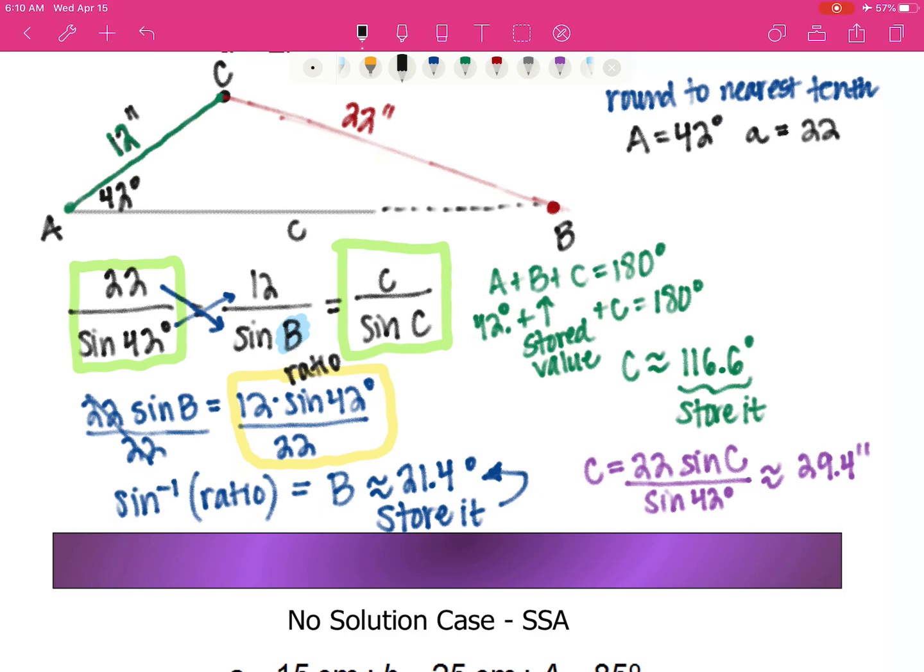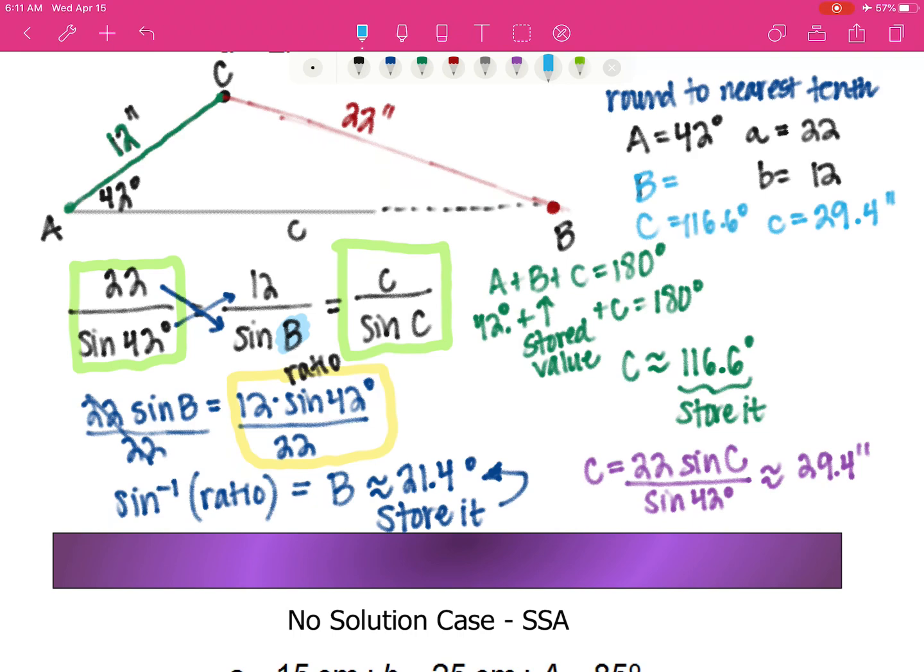They gave us side A. They did not give us angle B. They did not give us angle C, and they did not give us little side C, but they gave us side B. It was 12. So we solved side C to be 29.4 inches. We solved angle C to be 116.6 degrees, and we solved angle B to be 21.4 degrees.